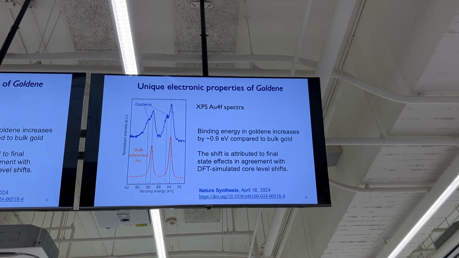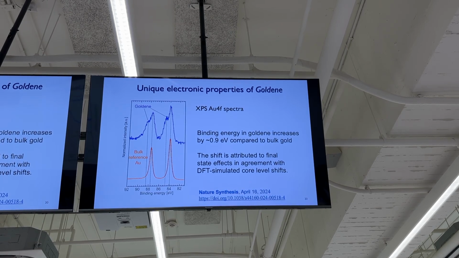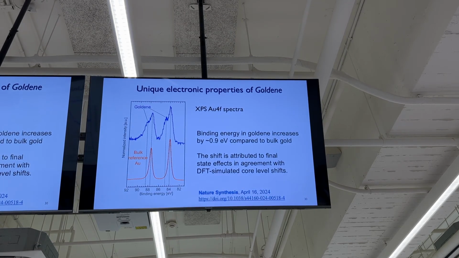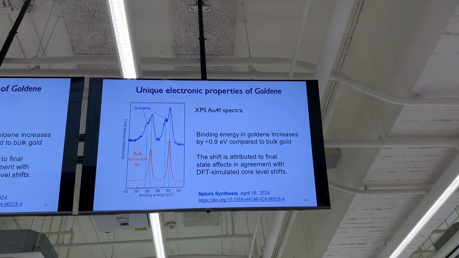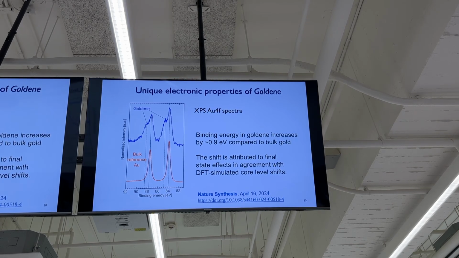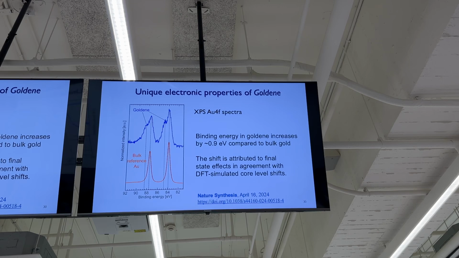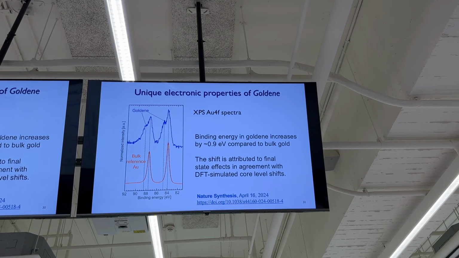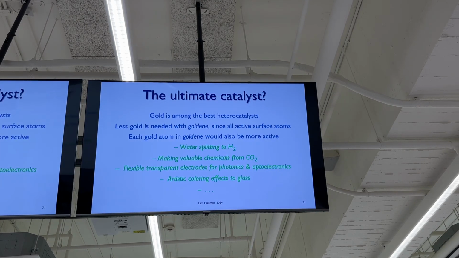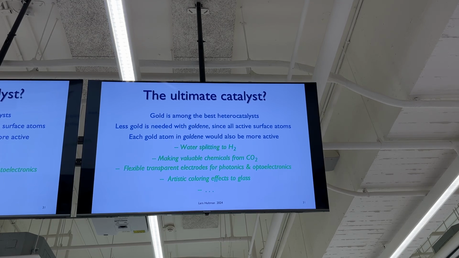So that gives us not only a characteristic signature of goldene, but also a property that could mean that it bonds stronger, but it could have other catalytic properties. So it could actually be the ultimate catalyst.